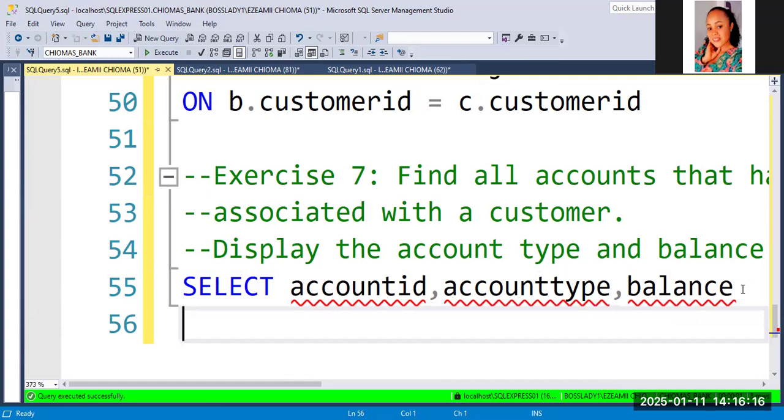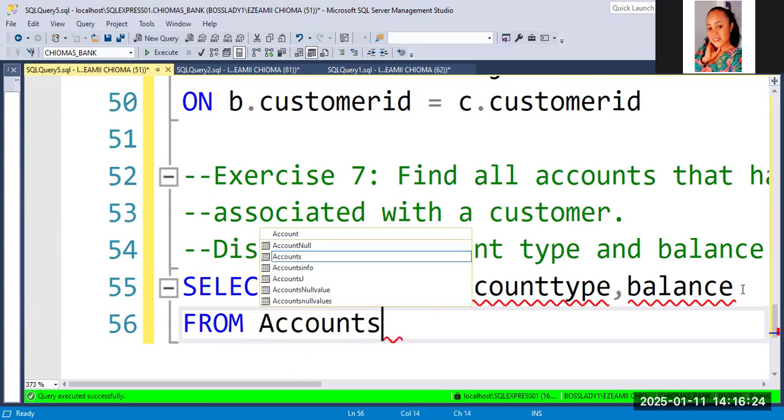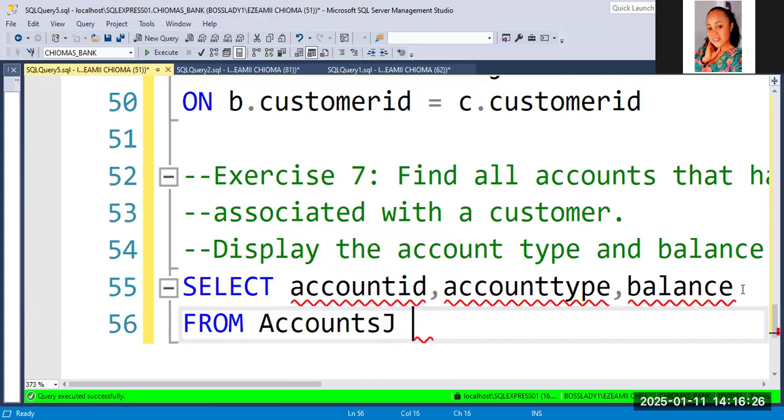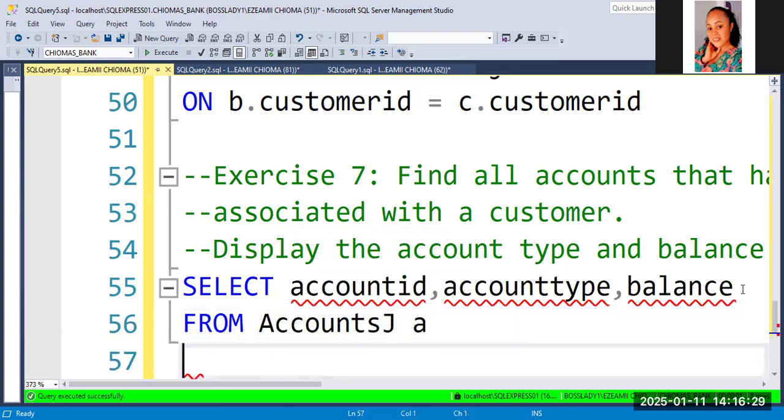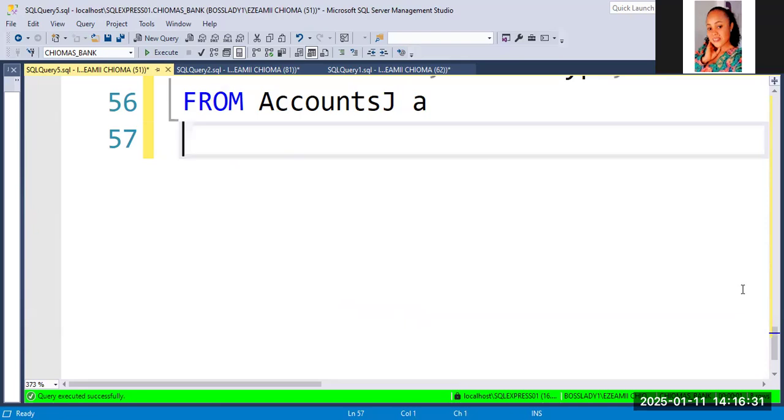Then from accounts, we alias our table as A, left join, because we want to see all the accounts that are not associated with any customer.